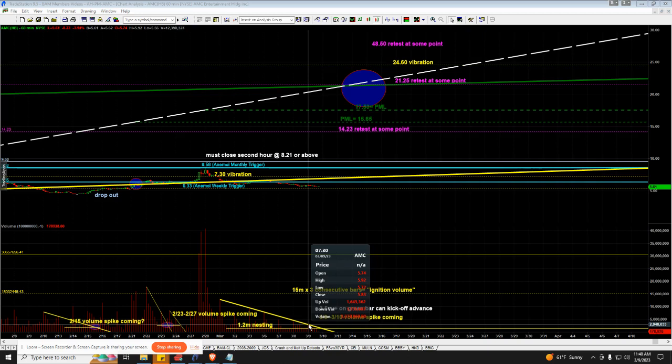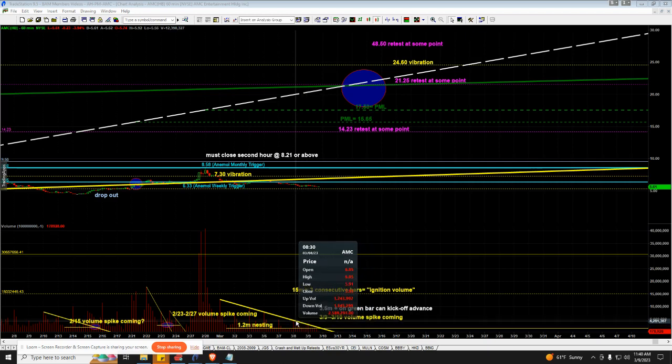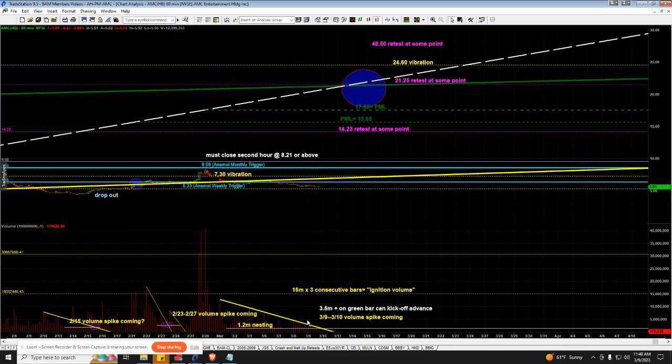It closed down. If we go back to this bar here, that's a green bar. Now, if this one would have been a green bar and this one's a red bar, I go back until I find the first red bar. The reason is that what I'm trying to see is a reversal, a volume reversal.